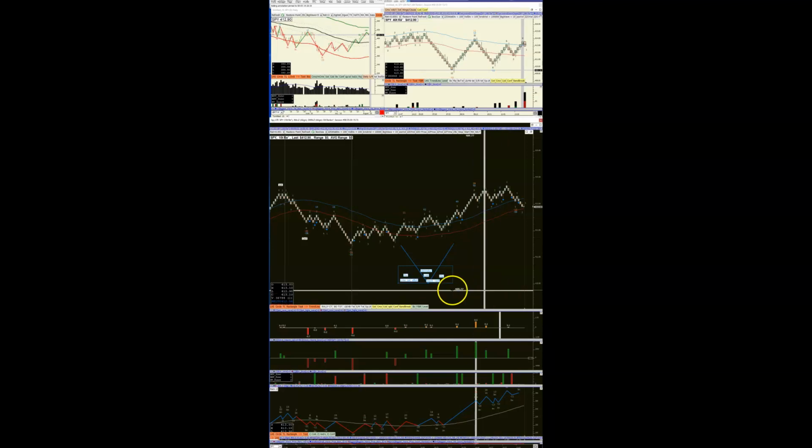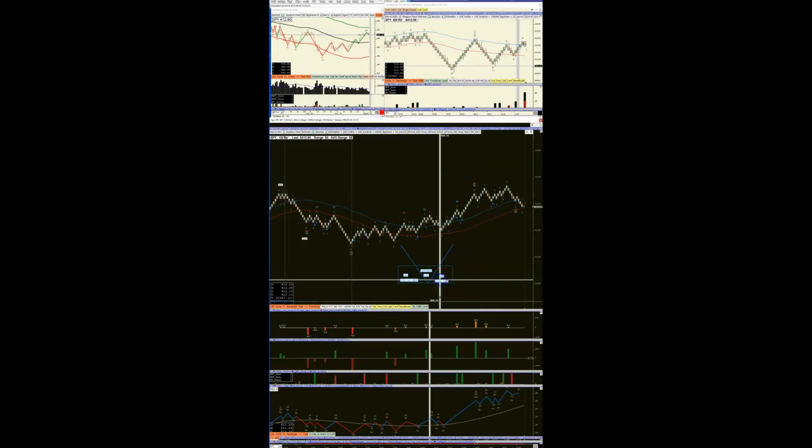That's it. This, what I'm showing you here now, is the real schematic of a turning point.